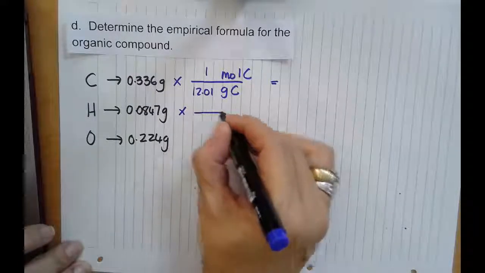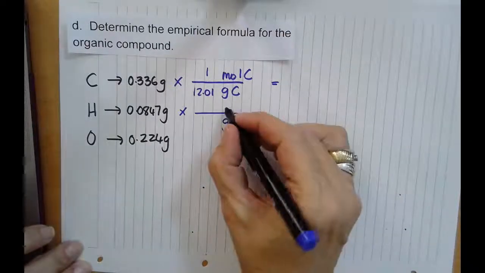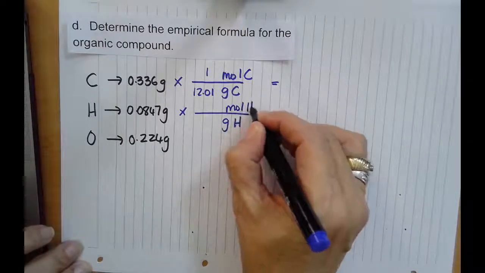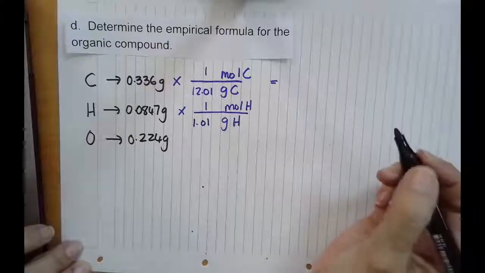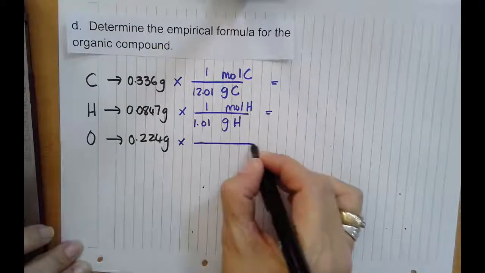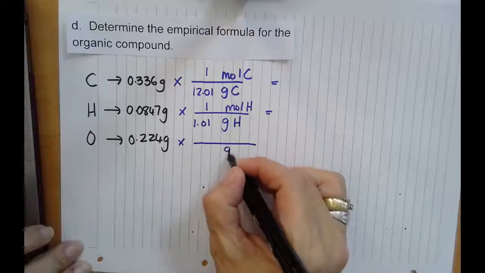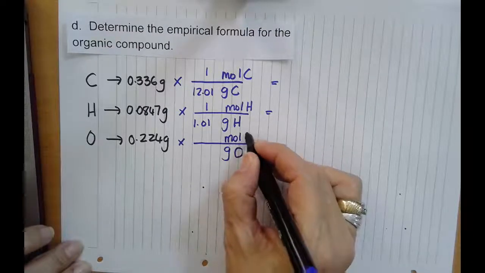I do the same for hydrogen. I'm going to have my grams of hydrogen at the bottom and my mole of hydrogen at the top. So 1 mole of hydrogen is 1.01 grams of hydrogen. And I'll do the same for oxygen, because I know that I have gram of oxygen at the bottom and mole of oxygen at the top.